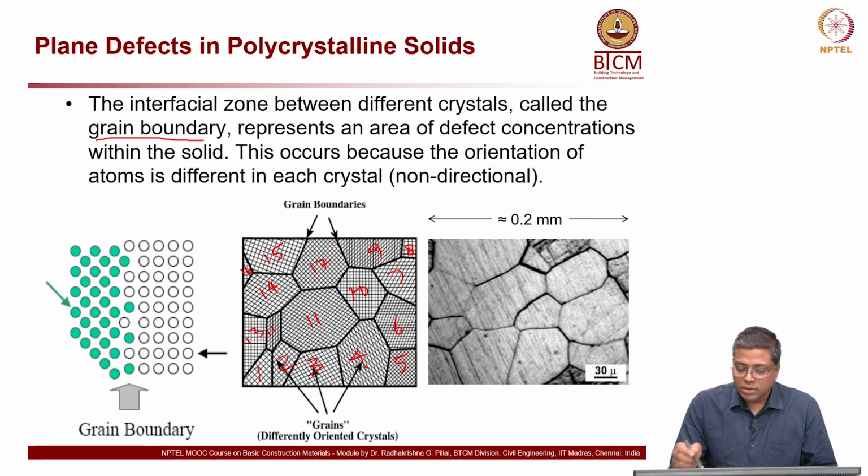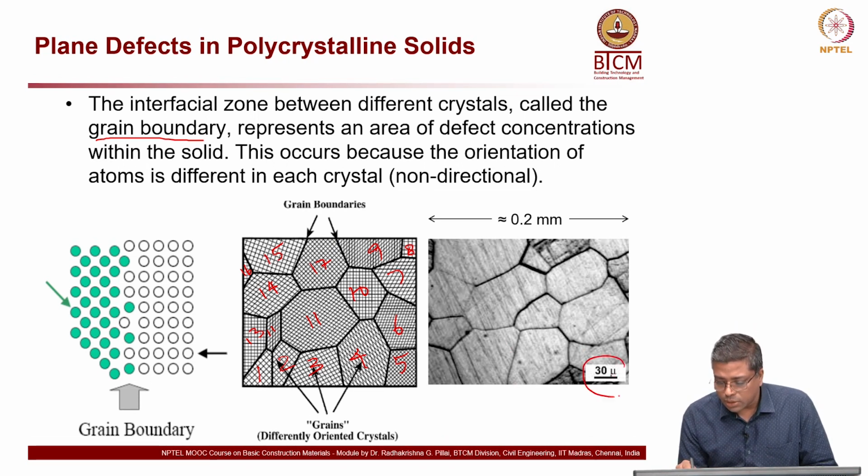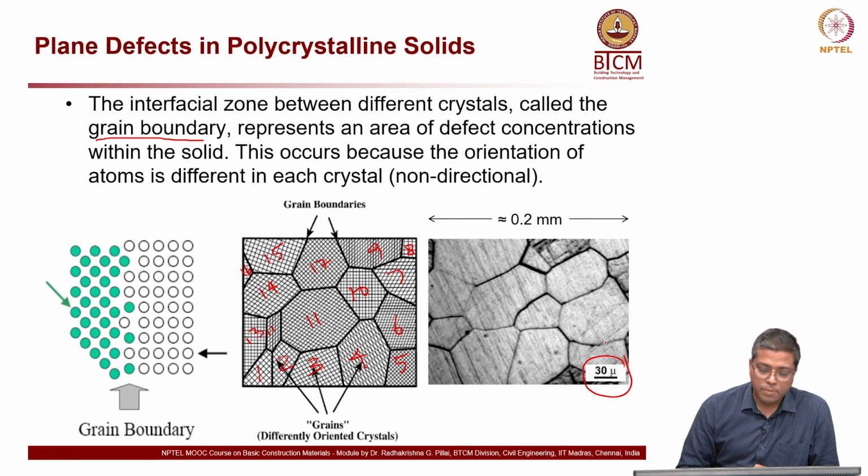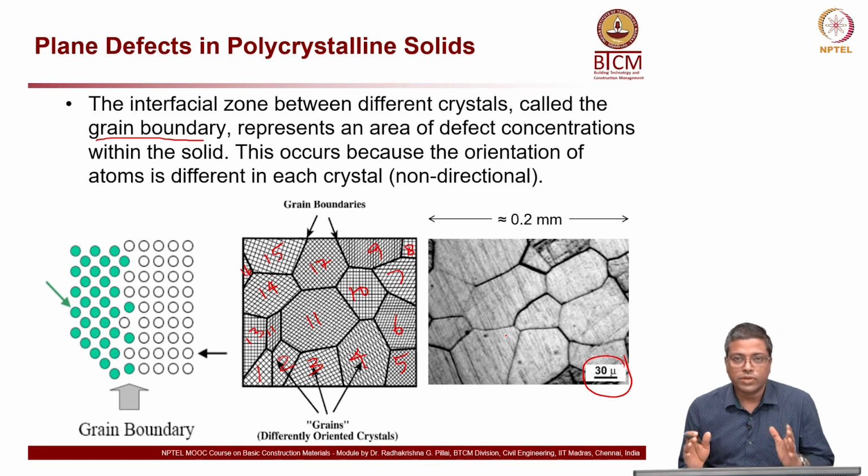Similarly, a real picture is shown as the third photo, the photograph on the right side. Here you can see there is a scale. Whenever we look at a microscopic image or a micrograph, we usually put a scale there, to understand the range of the size of the grains which you see here.